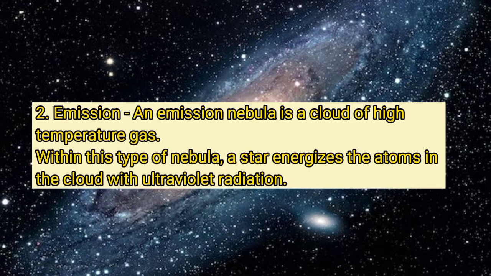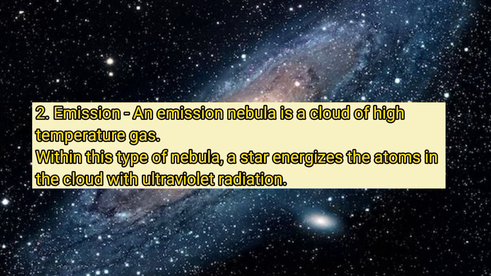The second one is emission. An emission nebula is a cloud of high temperature gas. Within this type of nebula, a star energizes the atoms in the cloud with ultraviolet radiation. As these atoms fall back to lower energy states, they emit radiation. The process is similar to that of a neon light.